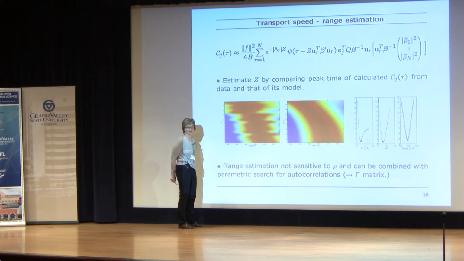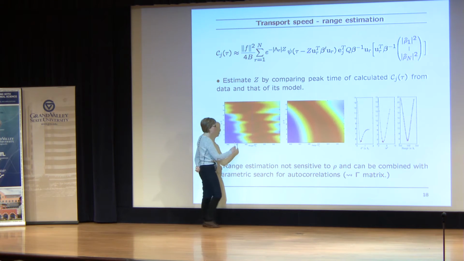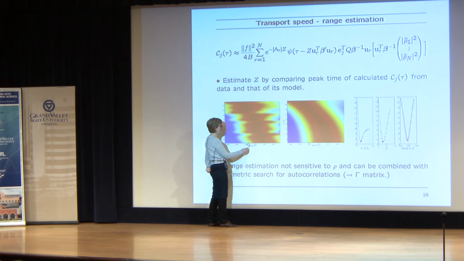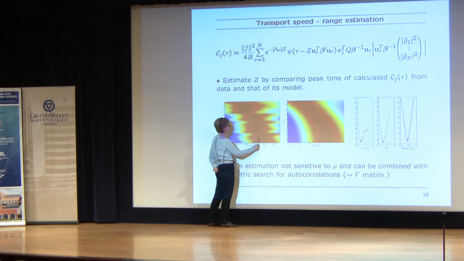And what is important to know here is the following. If I didn't have anomalous dispersion, so if I were in the ideal waveguide, the peaks, that is these reds, would all line up along this vertical axis, okay? However, because of the anomalous dispersion, you see this kind of a shape here.